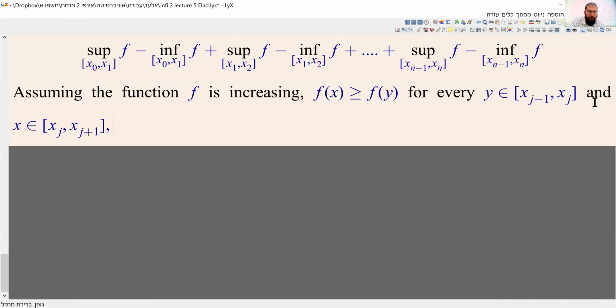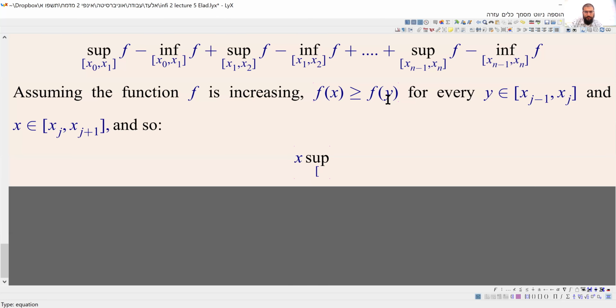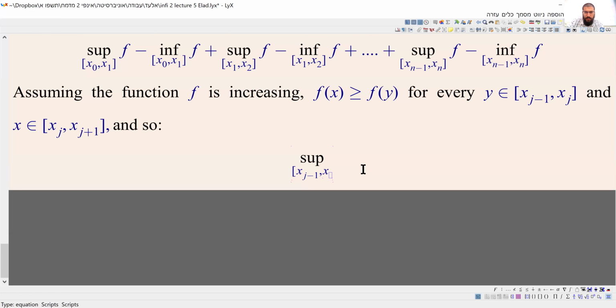And so the sup of f in the segment x_{j-1}, x_j is smaller or equals the inf of f in the next subsegment.